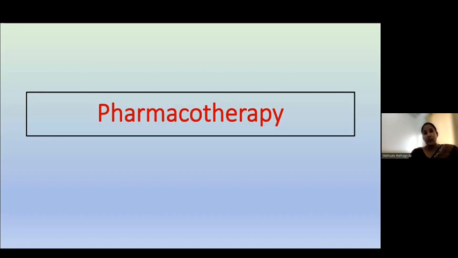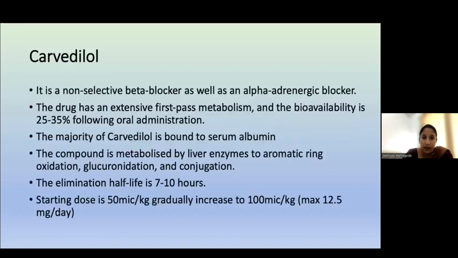Right. So as discussed, the banding, I would say, plays a main role. But of course, the evidence suggests that banding with pharmacotherapy has shown much improvement in the portal hypertension, disappearance of esophageal varices and reduction of variceal bleeding.